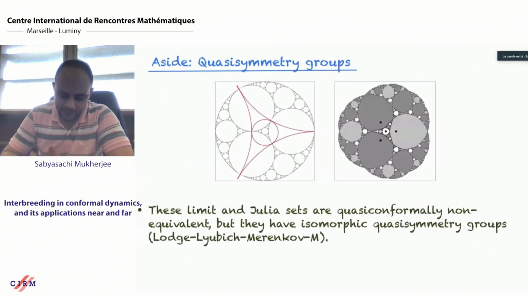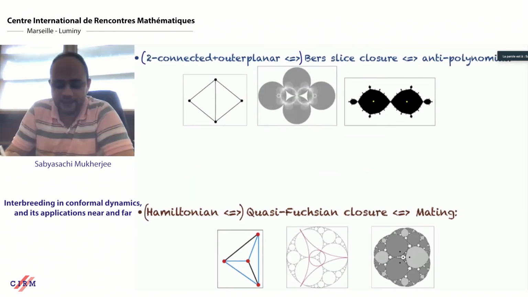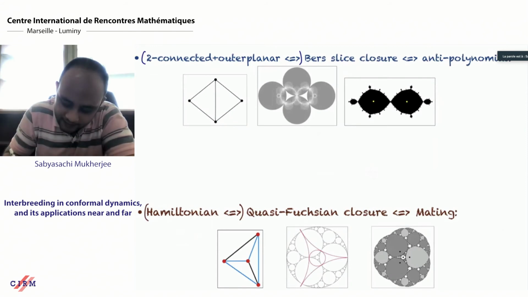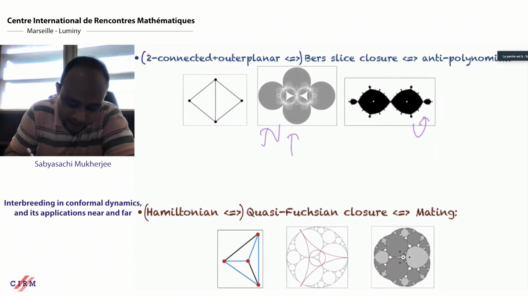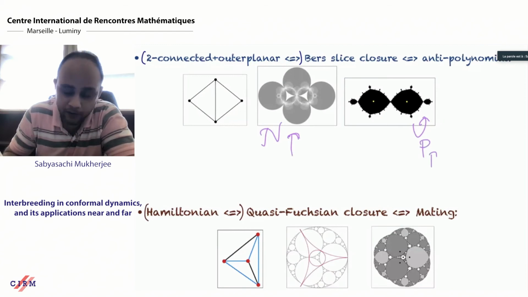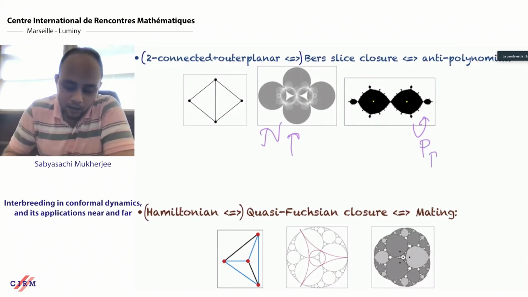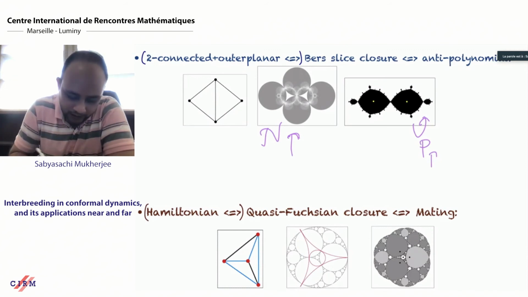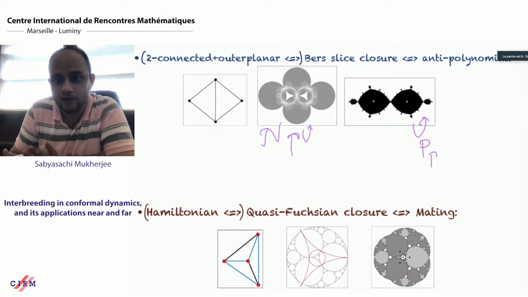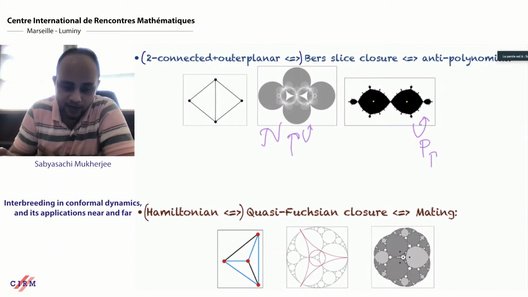The main key observation here is that the action of the Nielsen map of gamma, and the action of the corresponding polynomial P gamma on the Julia set, on the respective limit and Julia sets, are topologically homeomorphic. All pre-periodic components eventually go to this guy and that guy. And the same thing happens here. All other components map here and there. So the main difference lies in what's happening in these invariant components here and the invariant components there.